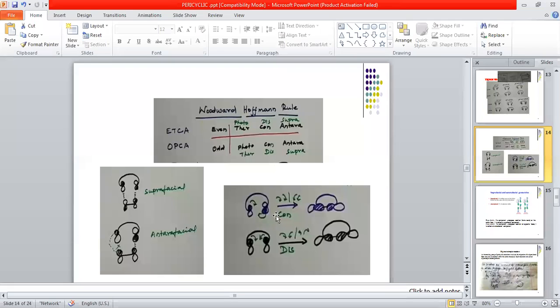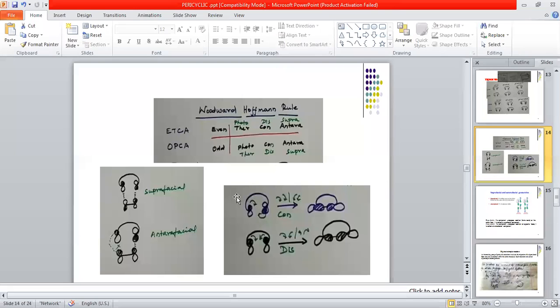Con and disrotation: let me say this is your lobe and this lobe is found in asymmetry form. If both are found in opposite form, in shaded form, it means this is asymmetry form. Now if these lobes are rotating either clockwise or anti-clockwise, as you can see, both lobes are rotating in the clockwise direction.